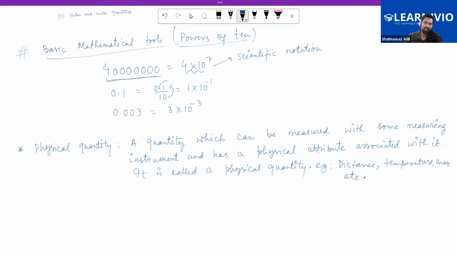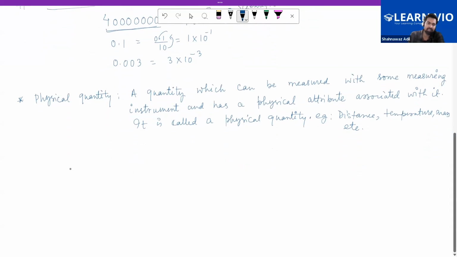The next part is the representation of the physical quantity, or units.